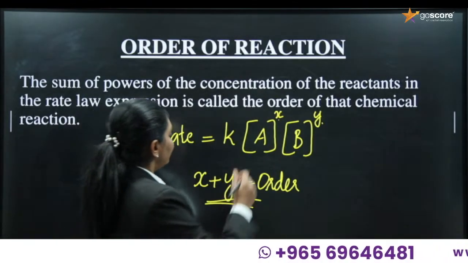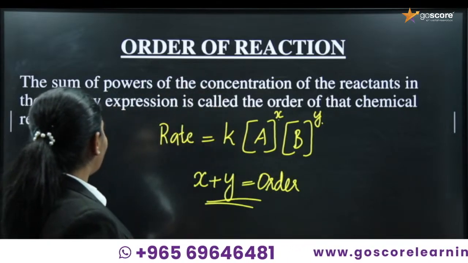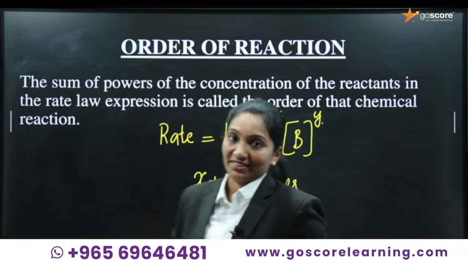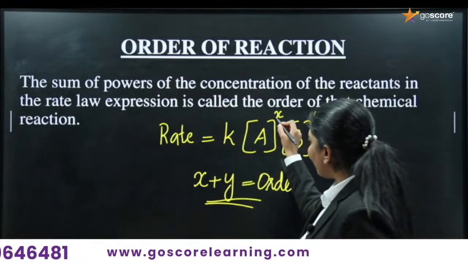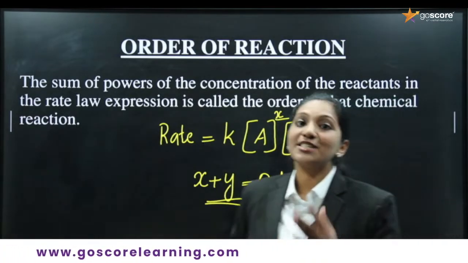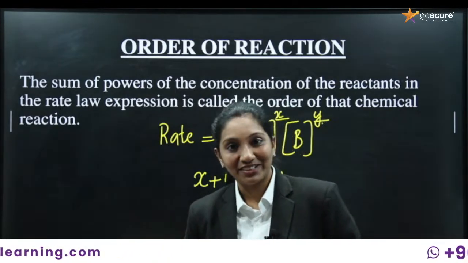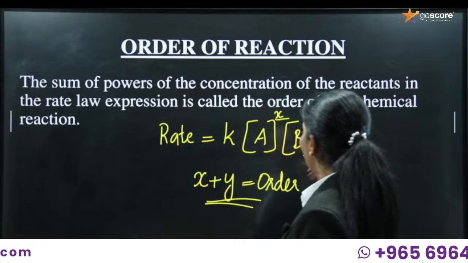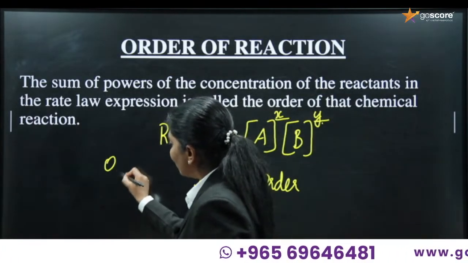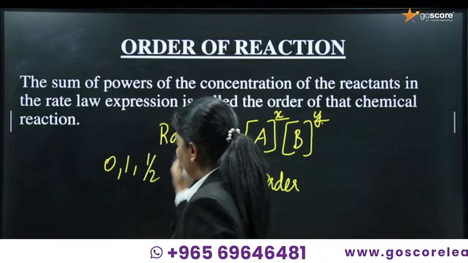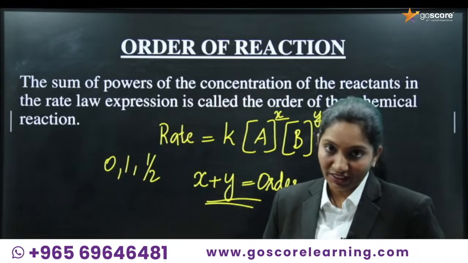So the sum of powers of the concentration of reactants in the rate law expression is called the order of that reaction. We have to find out these X and Y values experimentally, so the order of reaction is an experimental quantity. These X and Y values may be 0, 1, or fractional values like half, depending on the type of the reaction.